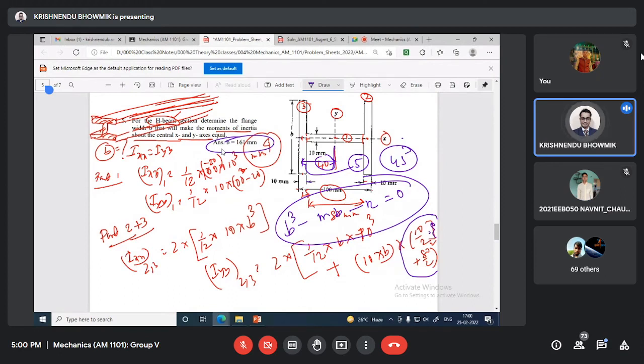That was the definition of the centroid. Hence, one axis must pass through the centroid. And we have learned that when the geometry has some symmetry, then the product of inertia will be 0 for that case, and the centroid lies on the symmetry axis. Any doubt up to this before moving to the next?